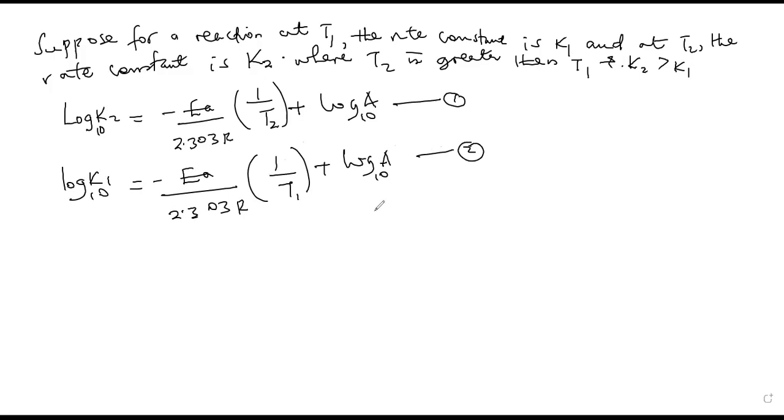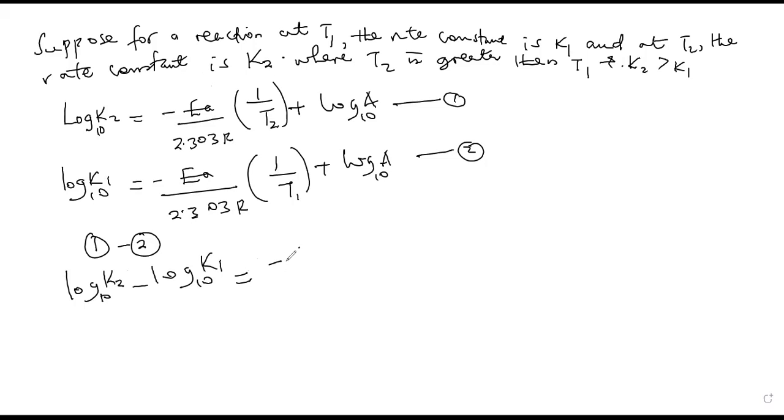So if you subtract 1 and 2, you'll have log 10 K2 minus log 10 K1, I'm getting this minus this. Of course, the log 10 of A will go. Both of them have the same factor, so I can factorize it out. But since you're subtracting, it will be this minus negative that, so it will be positive.